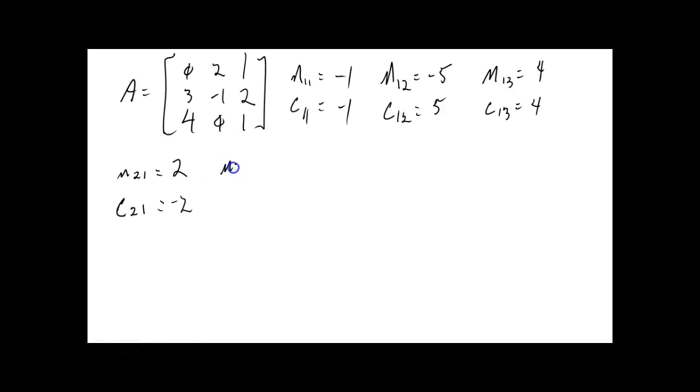Next, I take it you're going to do M2, 2, okay. And what's the minor? -4, what's the cofactor? -4. Got it. M23. -8.